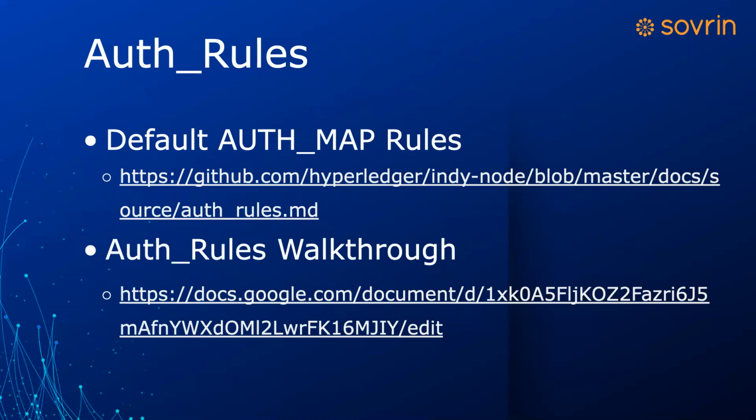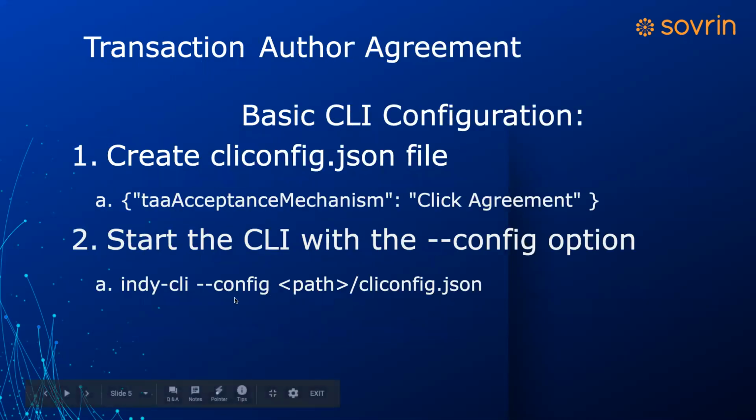What are the gotchas? What are the difficult points? One of the gotchas that I've had is forgetting to put the config on the path. When you get into the CLI and you connect to your pool, it'll ask you to view the transaction author agreement, even if you haven't put this on your path, right?